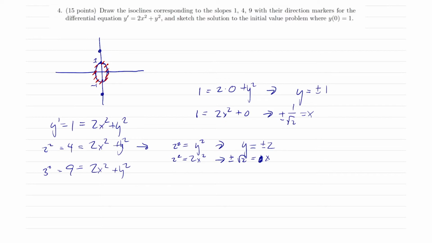So this is about 1.414, and so it's not quite up to 2. So this is the next isocline. This is at square root of 2, and this is at minus 2, and this is at plus 2, etc. Now this is slightly steeper, so I'm going to make some slightly steeper lines.